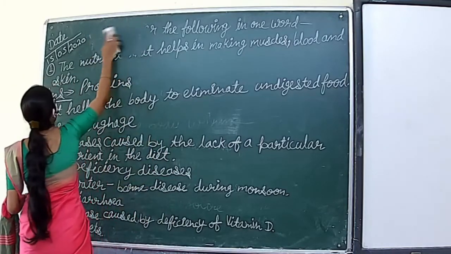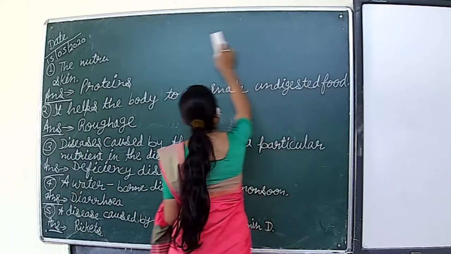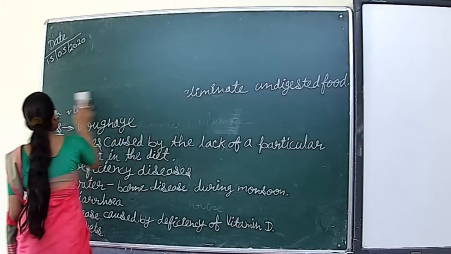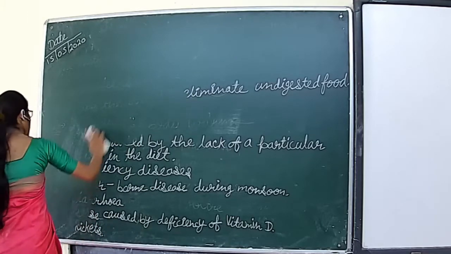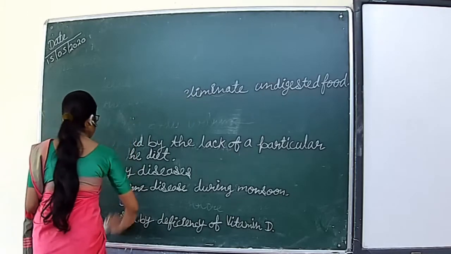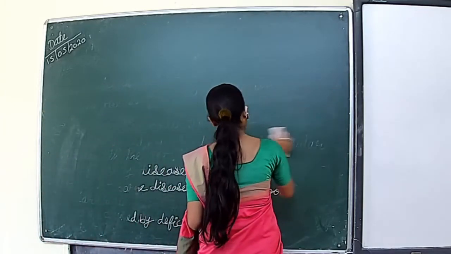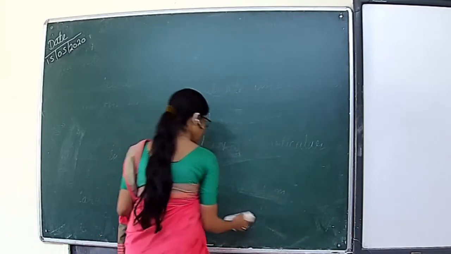Now I am going to rub it. I hope you have finished writing. Now we will write the exercise C, and that is match the following. If you have the book, you can do it in the book, and if you don't have the book, please do it in the copy along with me.